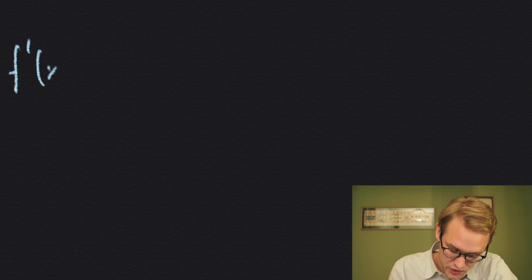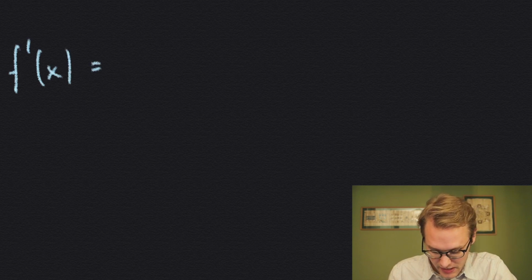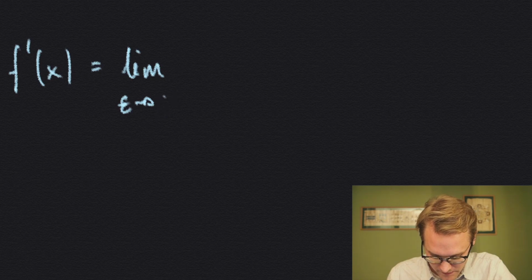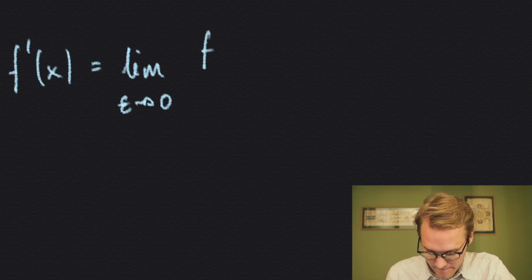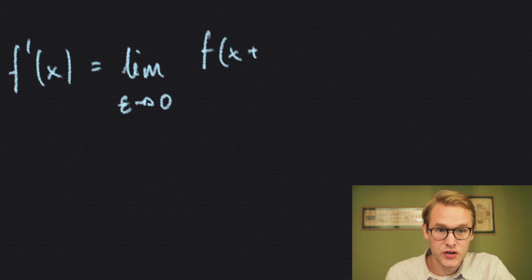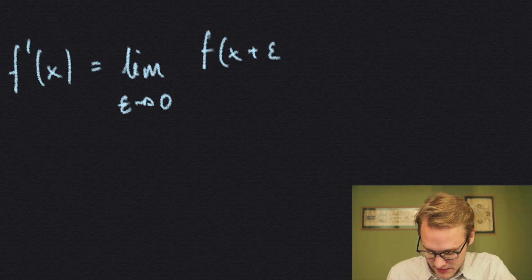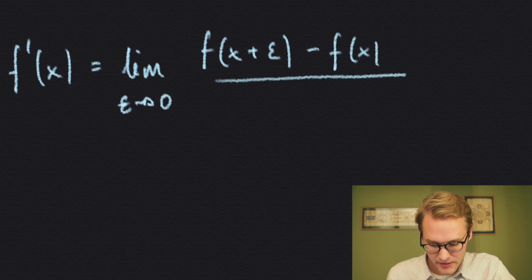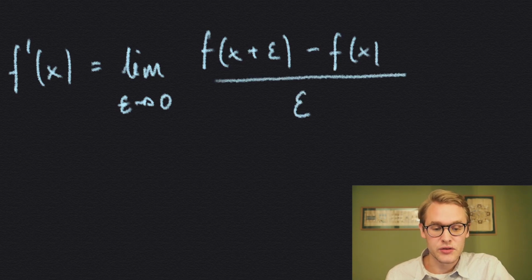The mathematical definition of differentiation reads: you have a function f that you want to differentiate. You take the limit as some tiny value epsilon goes to 0, an infinitesimal size, and you compute the following fraction: the function value at some slightly higher value than x, minus the same function value at x, divided by this tiny value.